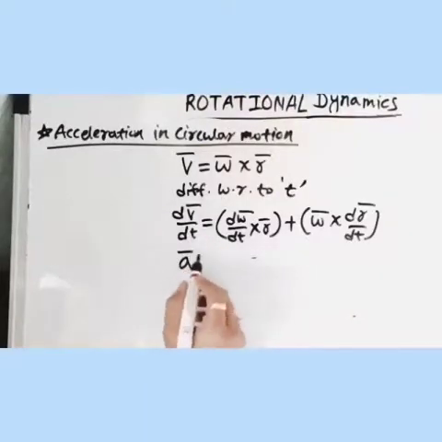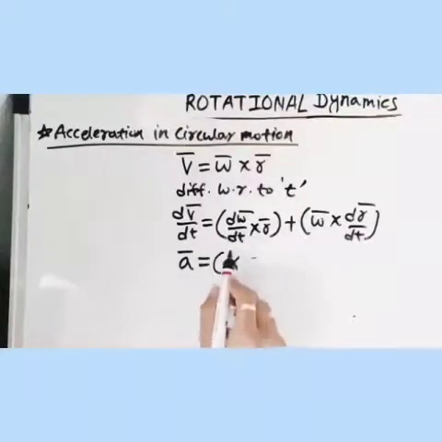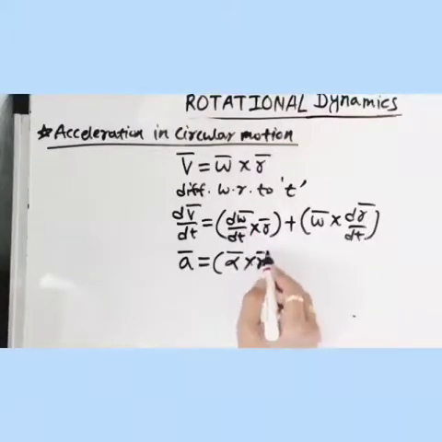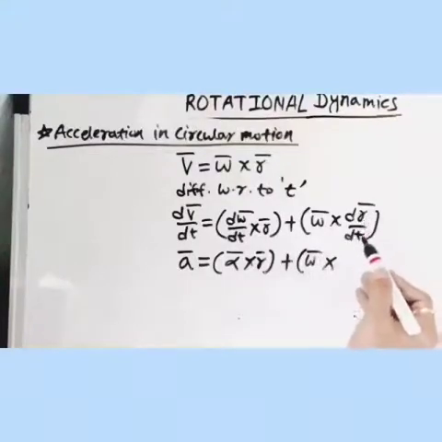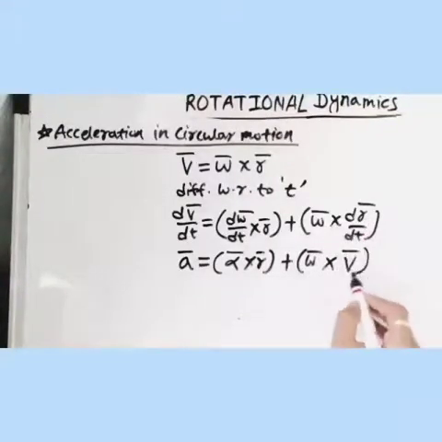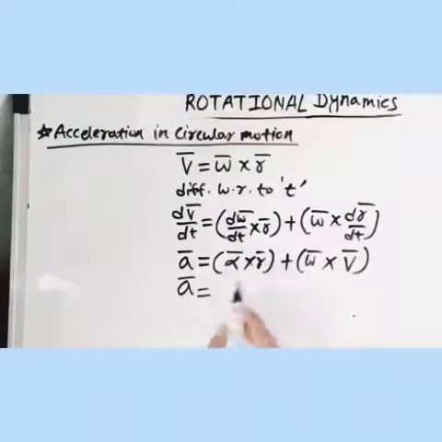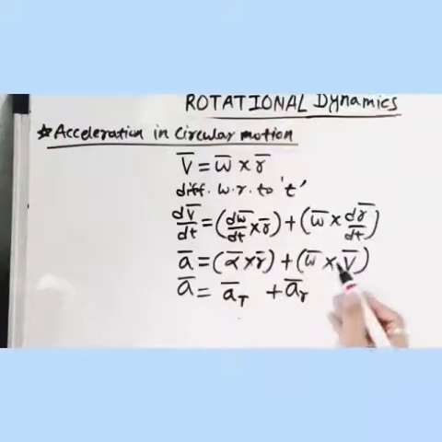So this is linear acceleration a bar is equal to, here we can write it as alpha bar, because d omega by dt is nothing but angular acceleration, alpha bar cross r bar plus omega bar as it is cross dr bar by dt, which is nothing but velocity vector v bar. So this a bar, which is the total acceleration in circular motion, has this part as the tangential acceleration, which can be denoted by a suffix t vector, plus a suffix r vector, which is indicating the radius vector.